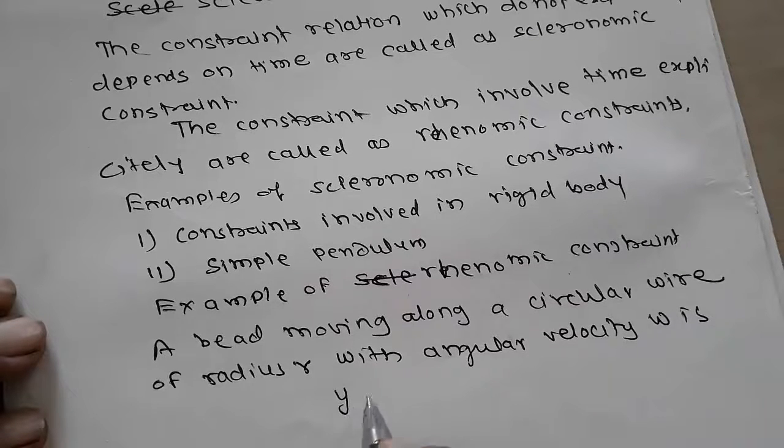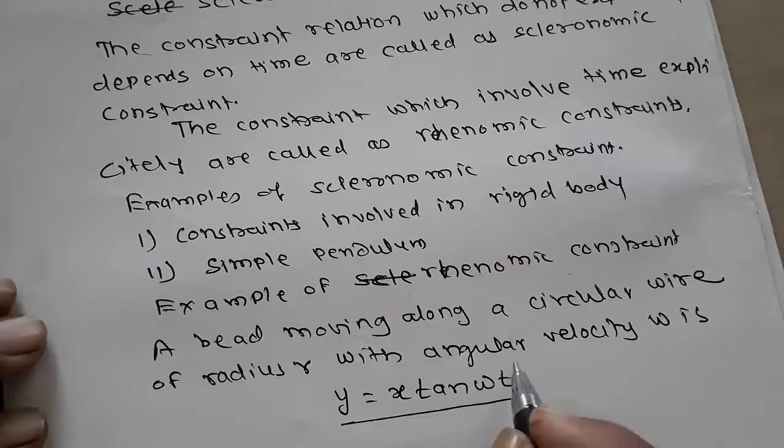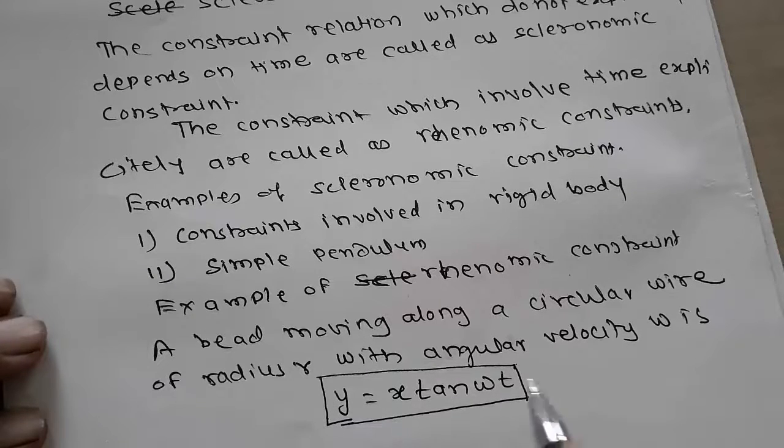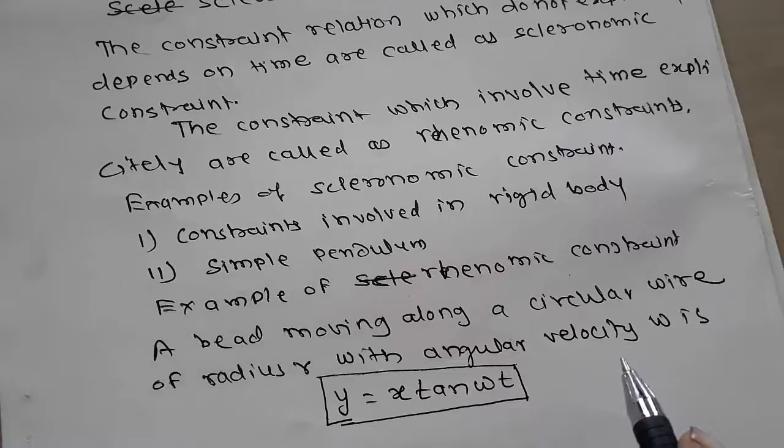Its constraint equation can be written as y equal to x tan omega t. This is the constraint equation of rheonomic constraint in this motion.